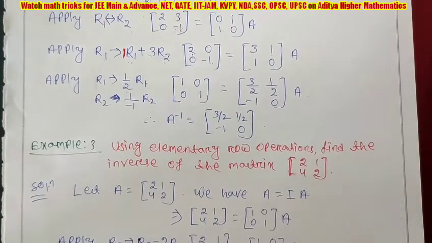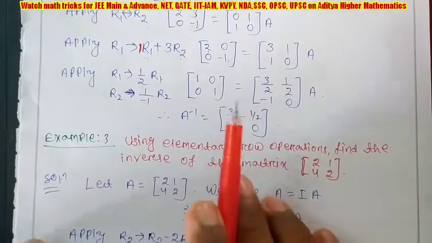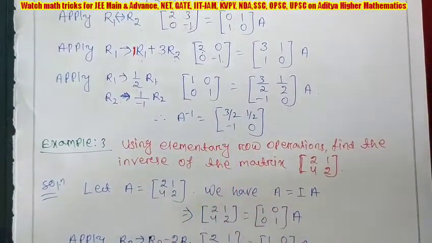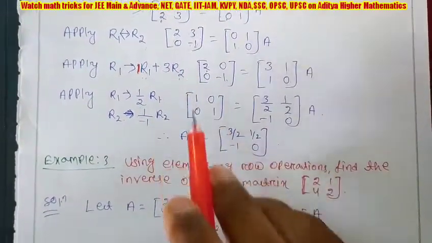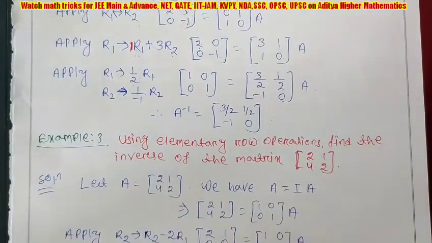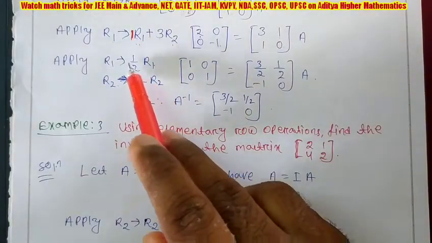So it is a unique type of method for elementary row operations to find the inverse, because we are not getting any fractions in our entire process. The difference is that in textbooks they first make 1, then 0, but I am first making 0, then making 1. And here only 2 steps are required to find the inverse, whereas otherwise you will take some other steps.